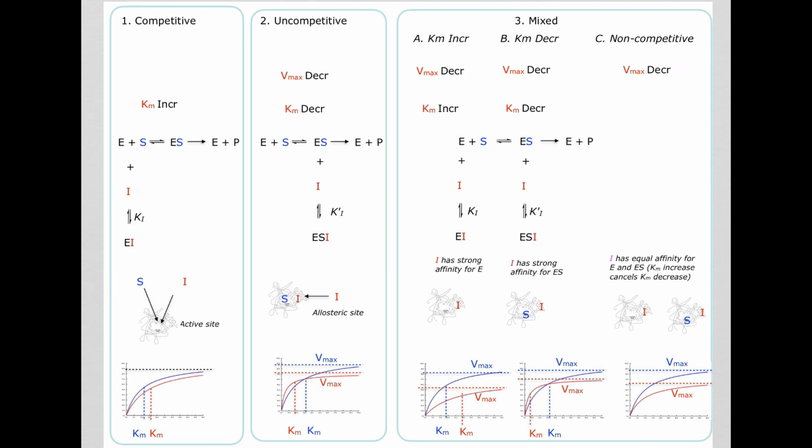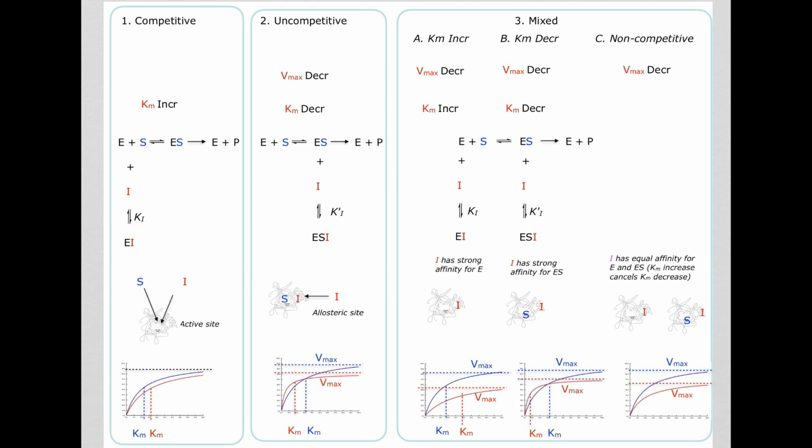Now in mixed inhibition, the inhibitor also binds, besides the ES, the enzyme to form an EI complex. So since the inhibitor binds to the enzyme to form EI and binds to the enzyme substrate to form ESI, based on these we can divide mixed inhibitors into three types.